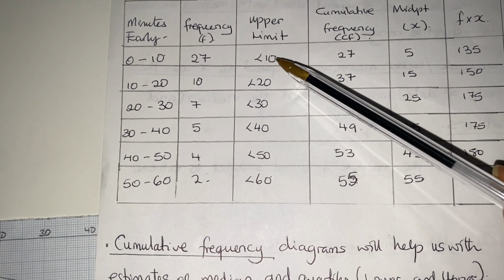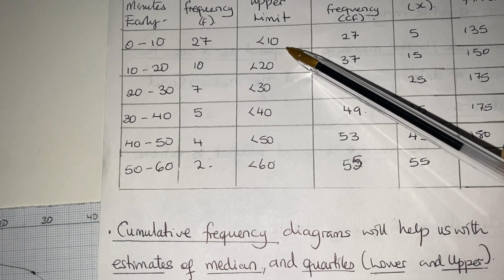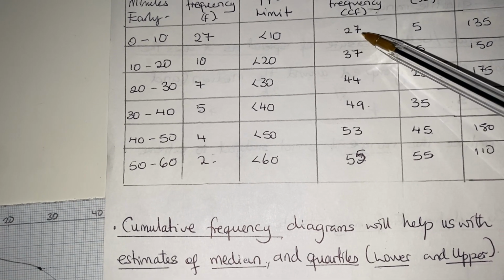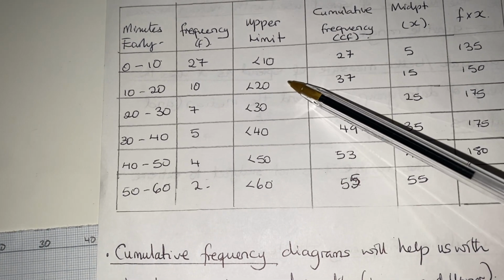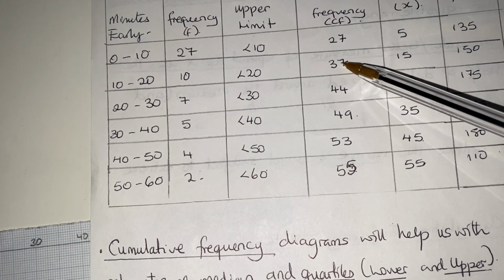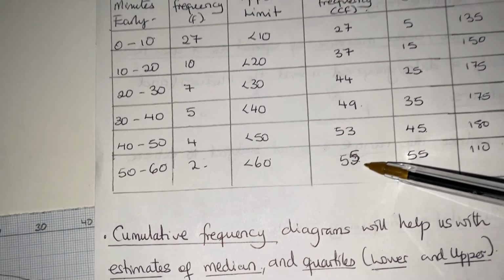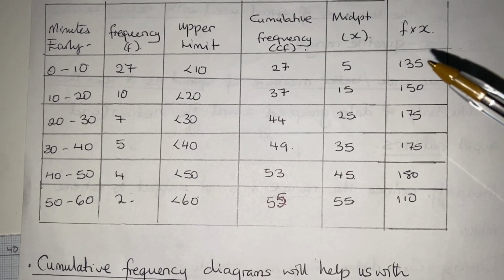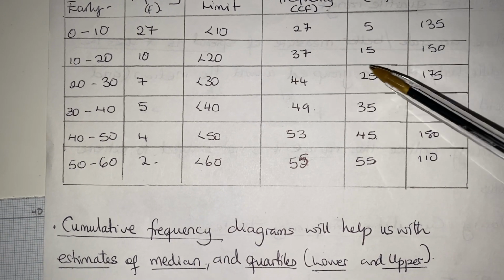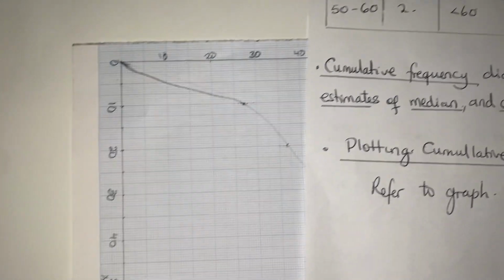So on the x-axis, when it's 10, your y will be 27. When it's 20, your y will be 37, and so on. Okay, this is the table. Ignore the last 2 parts. I'll explain it in the next video.